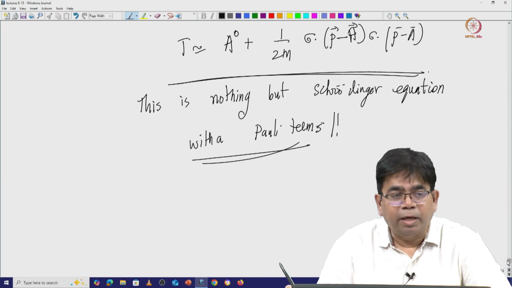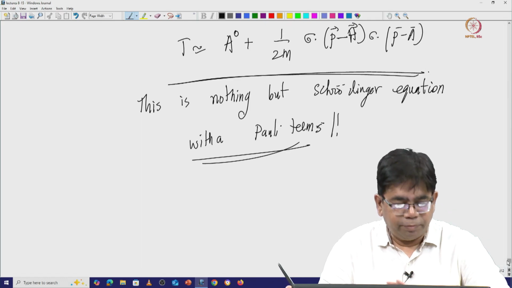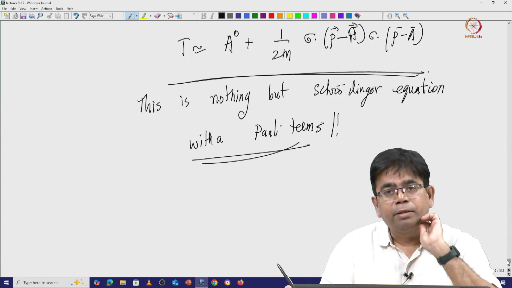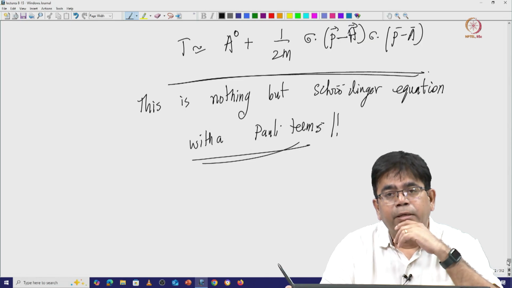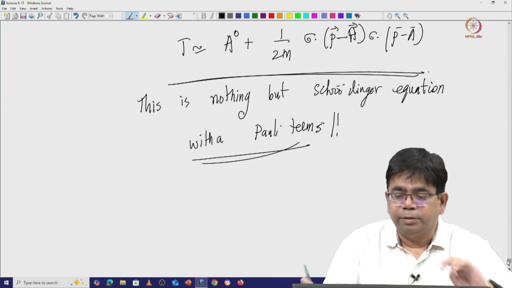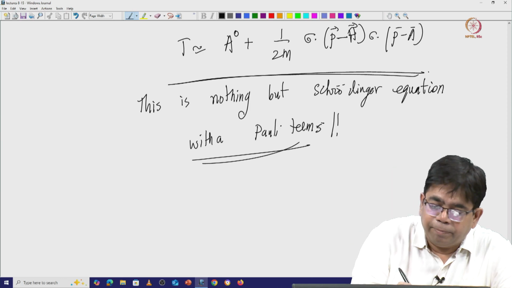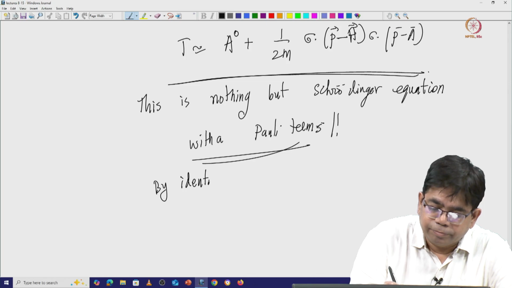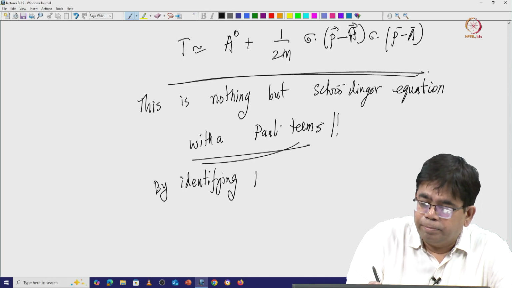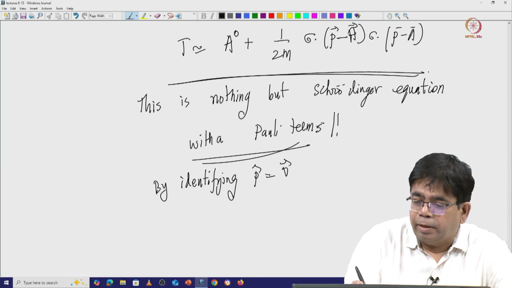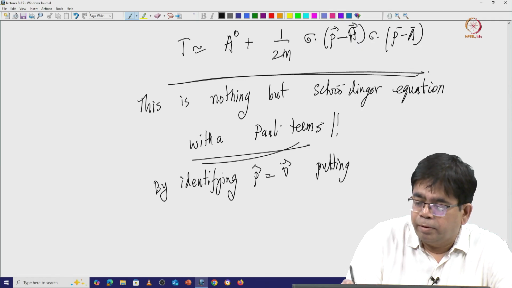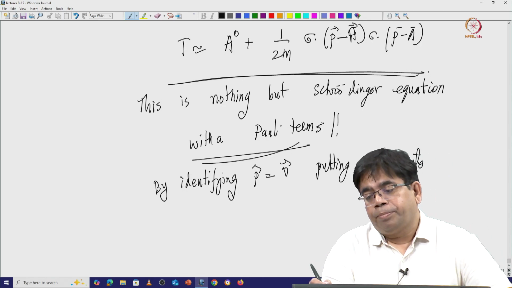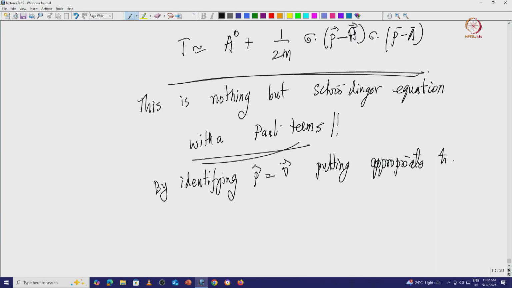So what we have derived is the non-relativistic reduction of the Schrodinger equation from the Dirac equation, by identifying P bar as equal to del and putting in the appropriate h bars.